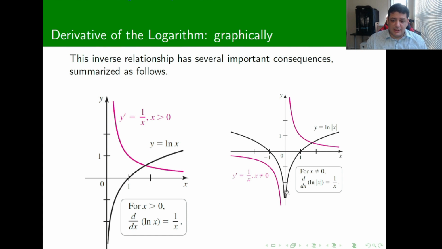Log of absolute value of x works for both negatives and positives, and then we have reflections in terms of how the derivative transforms. Did you notice that in the positive numbers we have positive slopes, so we have a function that is positive all the time, and that's why we have 1 over x here. On this side though, any point that you take has a tangent line with negative slope, and so this is going to behave like 1 over x in a negative domain.